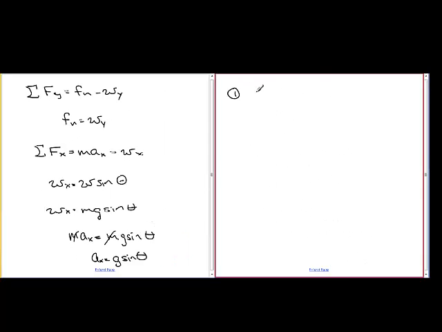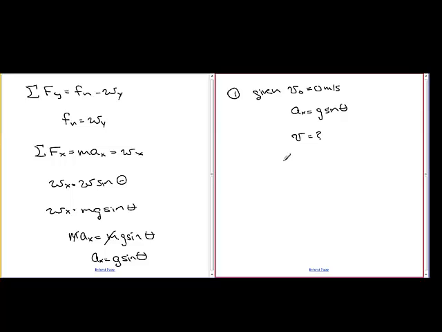So one possibility would be, given that the initial velocity is equal to 0, they would say it starts at rest or something like that. We also know a sub x is equal to g times the sine of theta. So we have the acceleration, and we would figure out the velocity at some other time or distance.